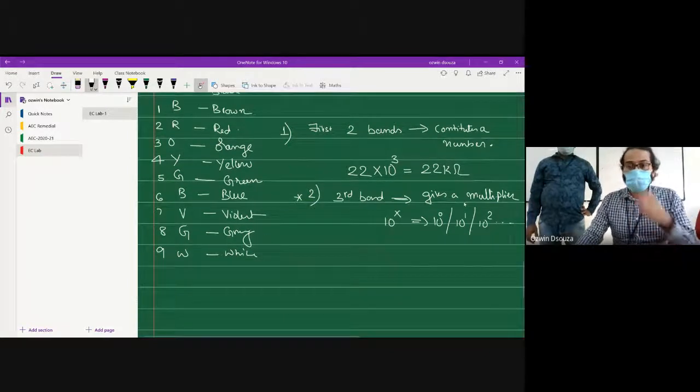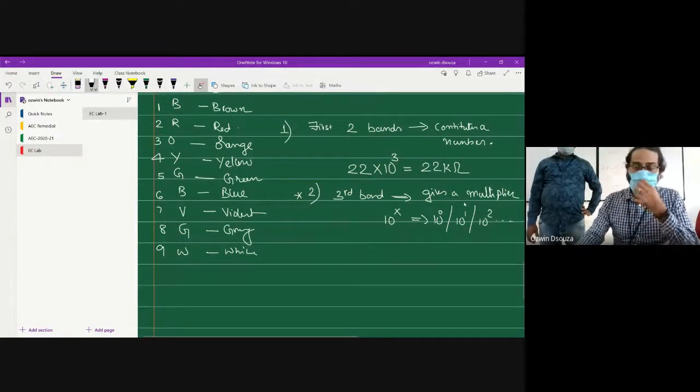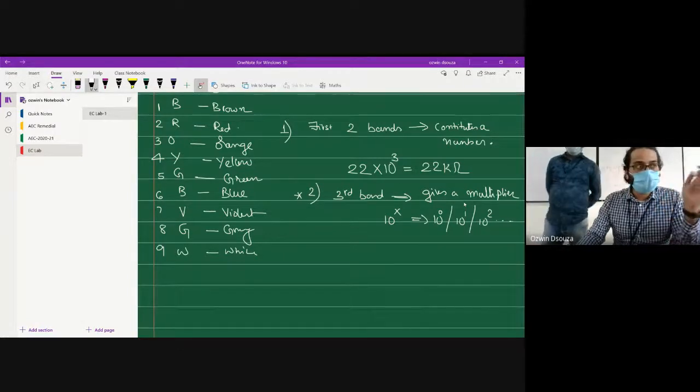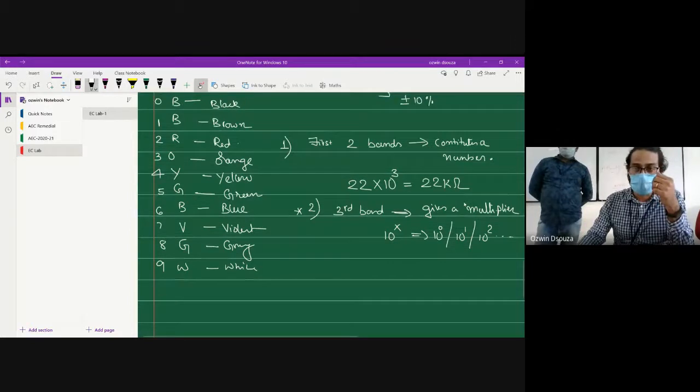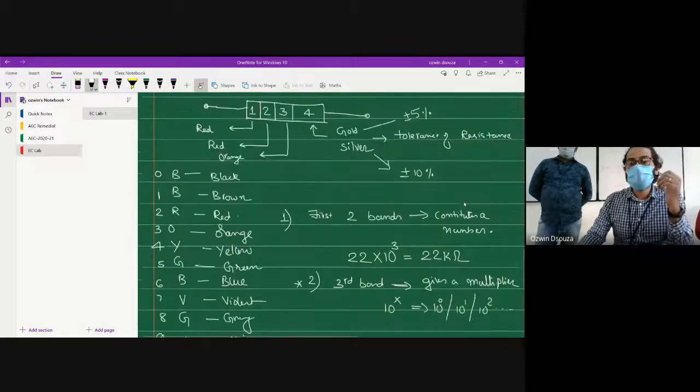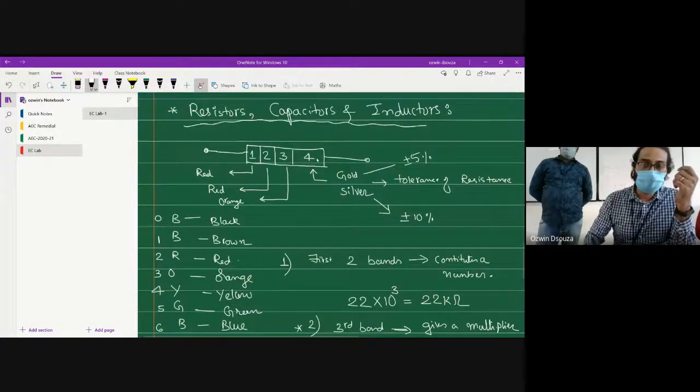Now this is what is called tolerance, right? You say 22 kilo ohm, but if you connect it to your multimeter, you will not find exactly 22 kilo ohm. There will be some mismatch in the resistance value. What should be the upper limit for error and what should be the lower limit for error is given by the fourth band.